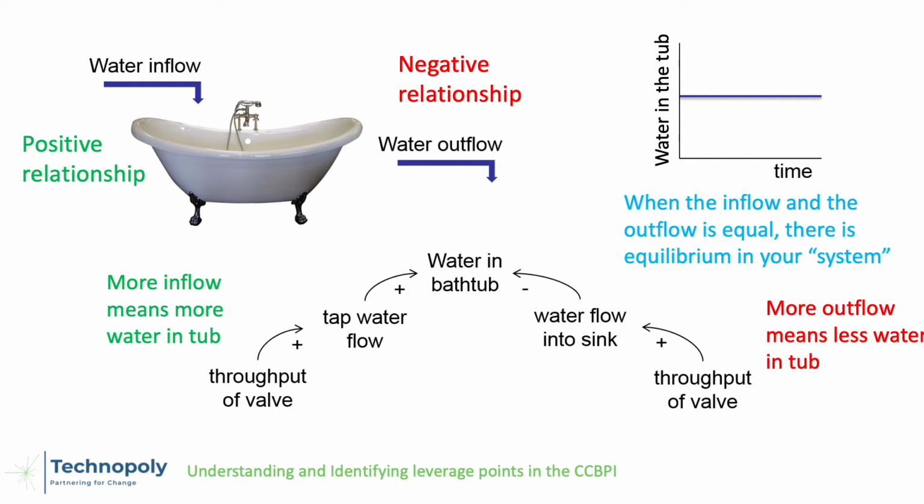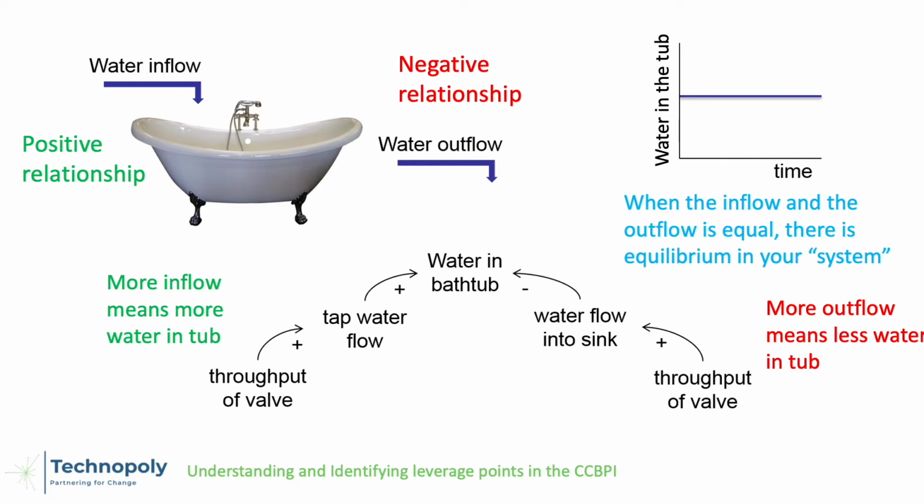We now describe the relationship between the faucet that feeds water into the bathtub as a positive relationship, and the faucet that draws water from the bathtub as a negative relationship because it brings down the level of water inside the tub.